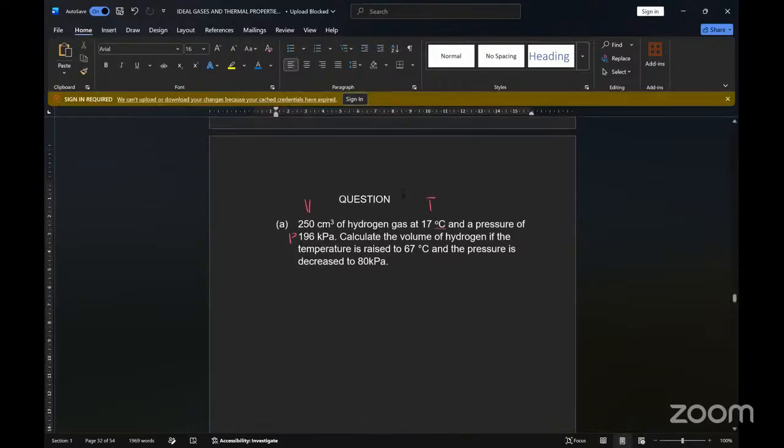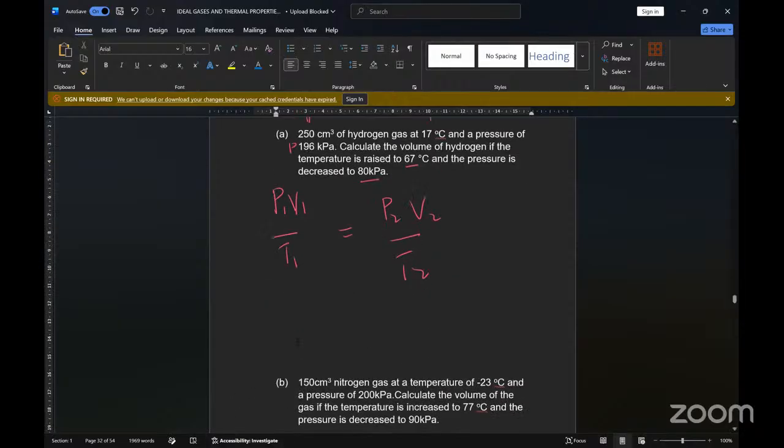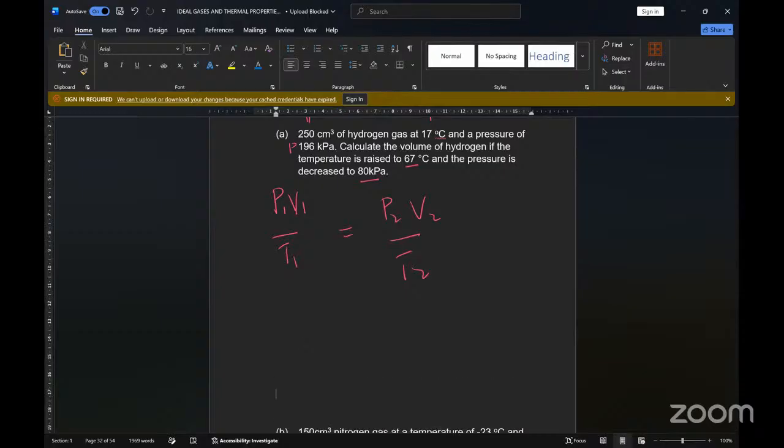Now you have three variables, so immediately you should know that you are going to use P1 V1 over T1 equal to P2 V2 over T2. Calculate the volume of hydrogen if the temperature is raised to this and the pressure is raised to that. So we are going to put all the information there and then we substitute it.